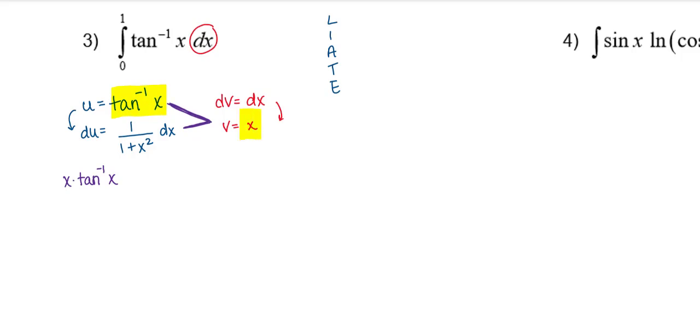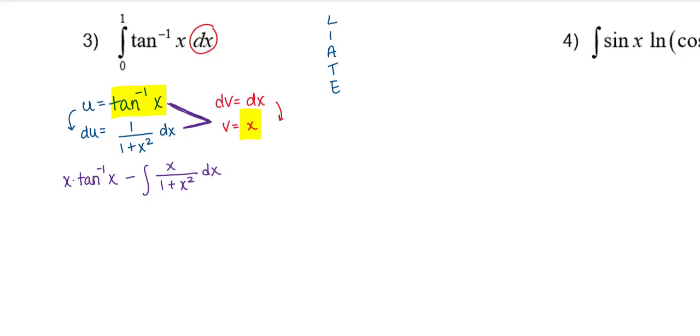But if you write them right next to each other like this, there's a couple opportunities for error in there, like multiplying those x's together or not seeing what they really are. So I just don't write it like that. I just write basically x as a coefficient of inverse tangent of x. And then minus the antiderivative of v du. So when you multiply those, you're going to get x over 1 plus x squared in the denominator, dx, just like that.